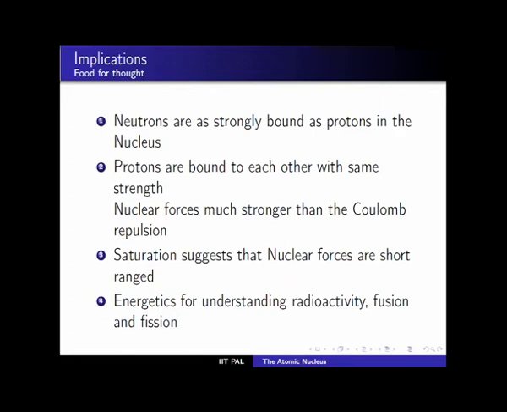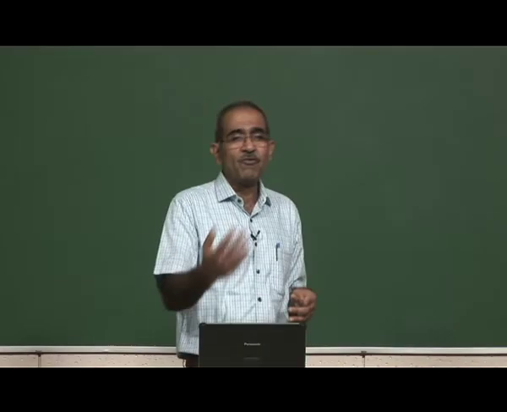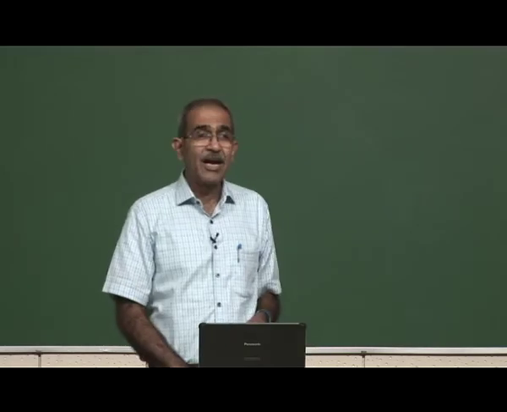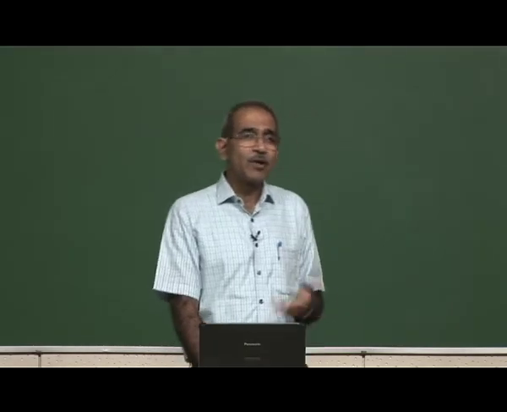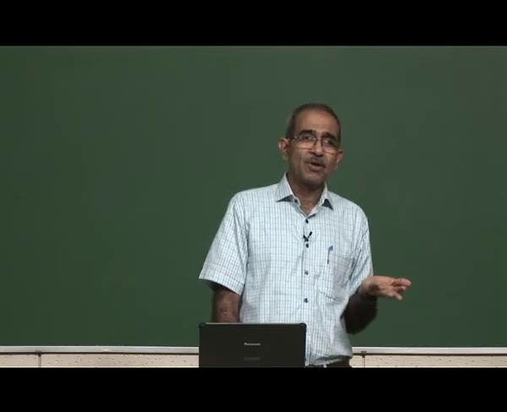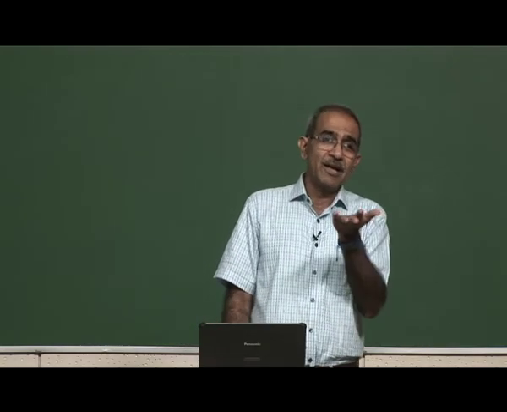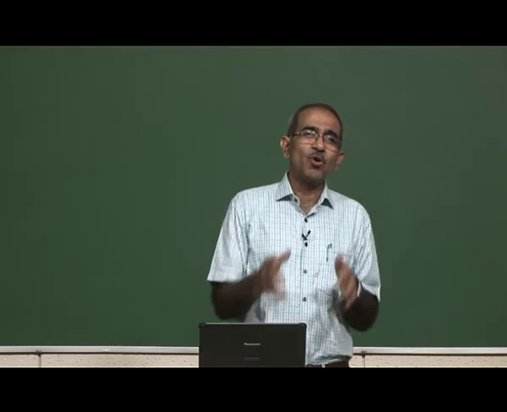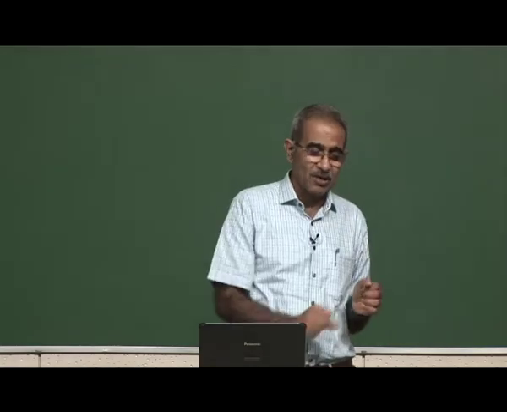Let us say of the order of a Fermi, femtometer, maybe 1 femtometer, 2 femtometer, 5 femtometer, because if you have A to the power of 1/3, the cube root of 200 is not a very big number, because 6 cubed is already something like 200. So, the nuclear size is only 6 times larger than the original nucleon.